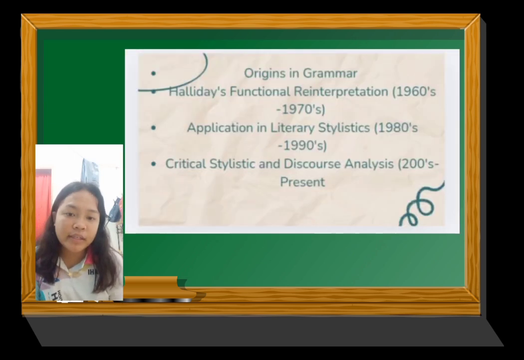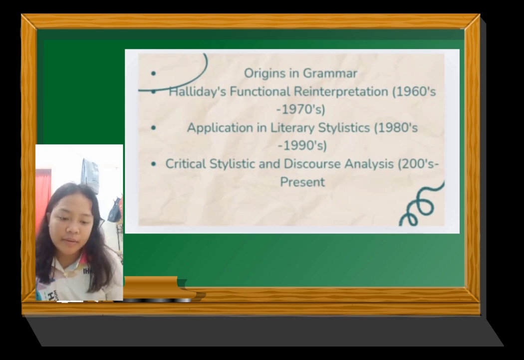So the following are the developments in the analysis of transitivity.